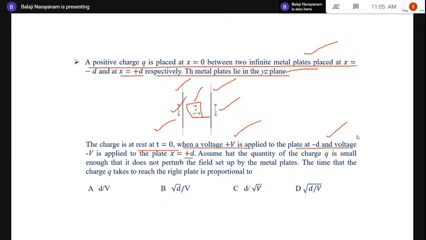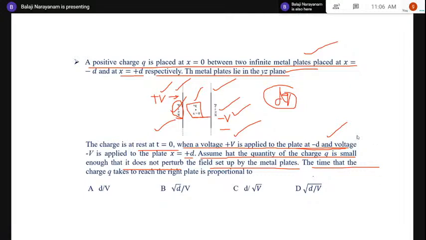When a voltage plus V is applied to the plate at minus D, for the plate that is located at x is equal to minus D, a voltage plus V is applied, and voltage minus V is applied to the plate at x is equal to plus D. So for the left hand side plate, located at x is equal to minus D, plus V potential is applied, and at x is equal to plus D, minus V. The time that charge Q takes to reach the right plate is proportional to.